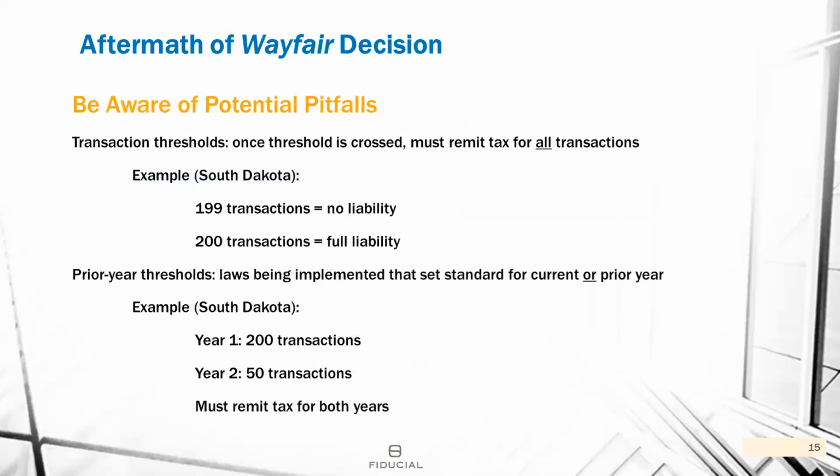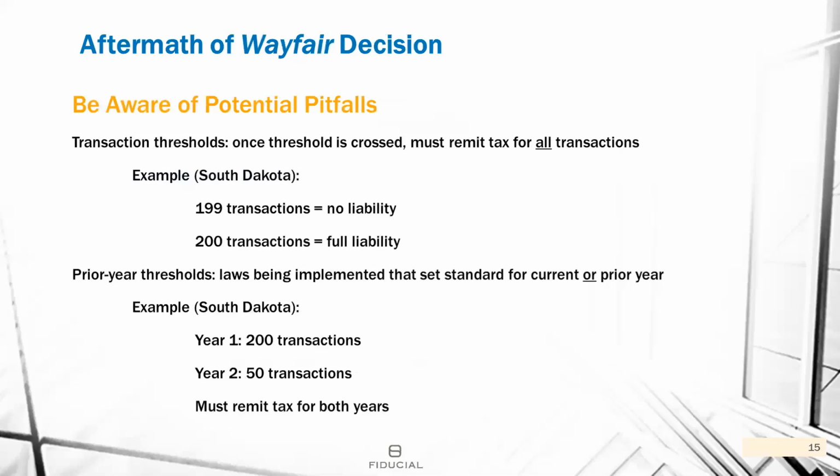There are some other pitfalls that are important to keep in mind. The first pitfall is this transaction threshold. Once this threshold is crossed, you are liable for tax on all transactions. And I put an example here that illustrates this. Going back to the South Dakota rule that I talked about at the beginning of the presentation, the South Dakota threshold was 200 transactions.